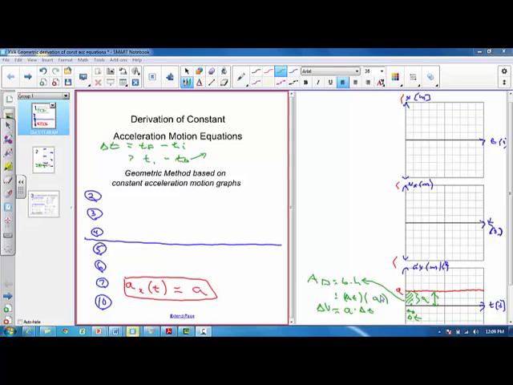Typically in physics, we're lucky because we get to define our initial time, and typically it's when we press our stopwatch and start it. So typically we set that to 0 seconds. In math class, for some future time, we don't use tf or t1, we would just use some future time t. So in math class, delta t typically turns into just plain old t. That's a little shorthand saying we're at some future time, and the difference is starting from 0. So 0 to t, t minus 0 is t.